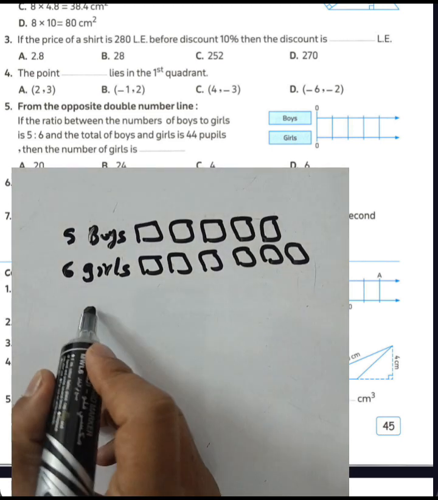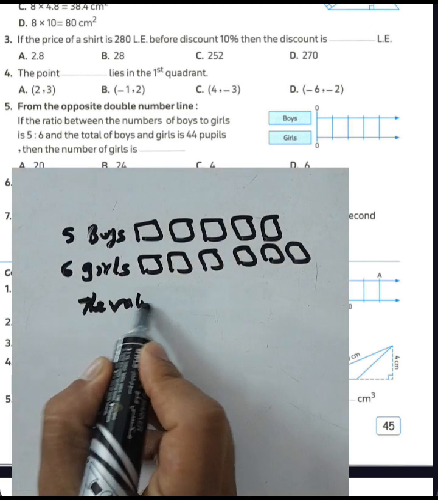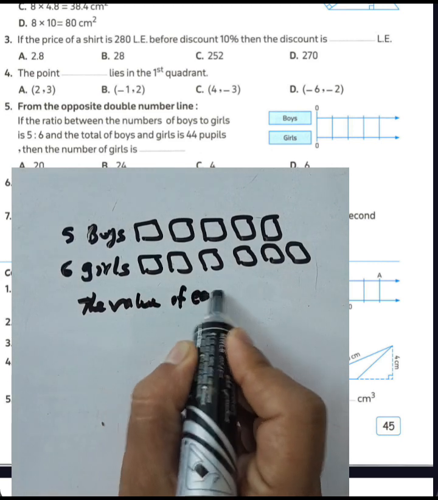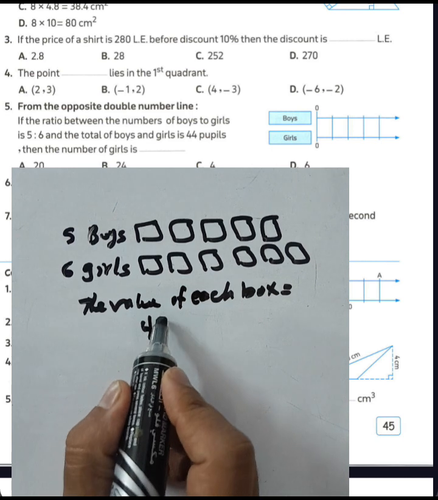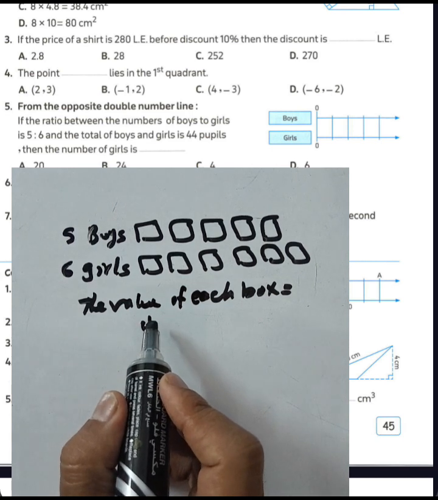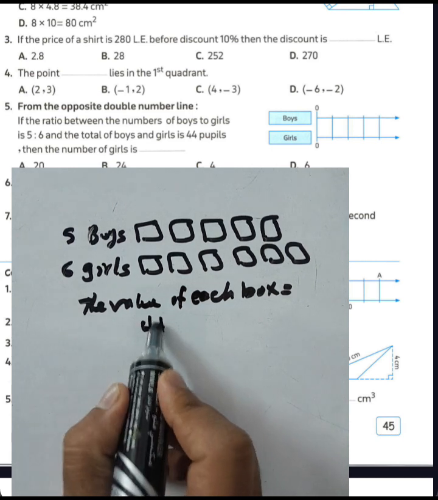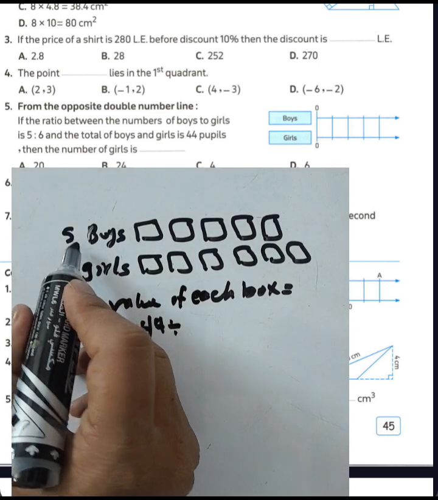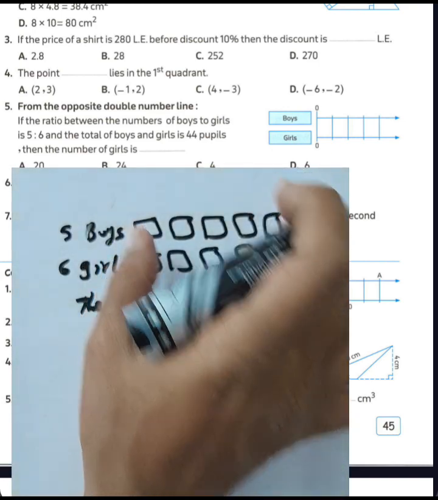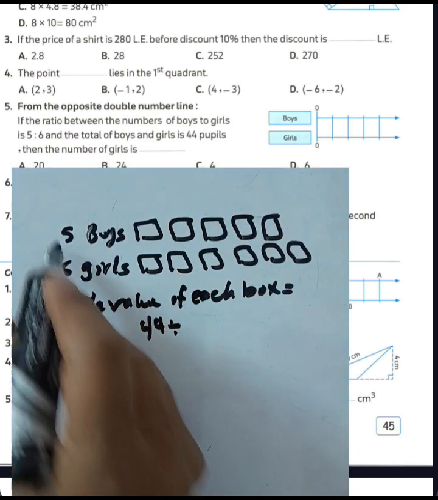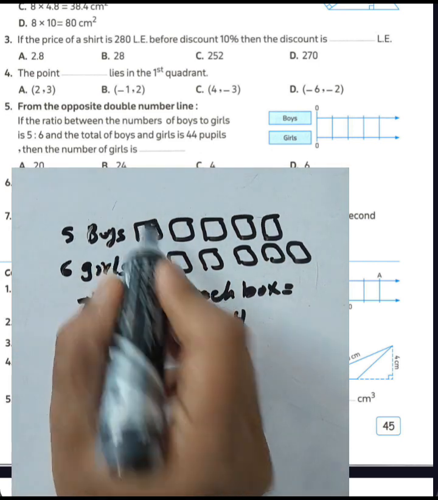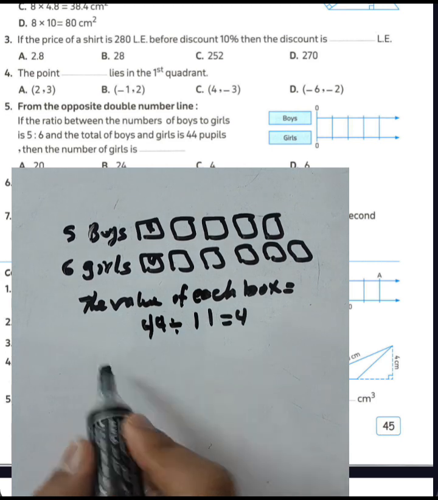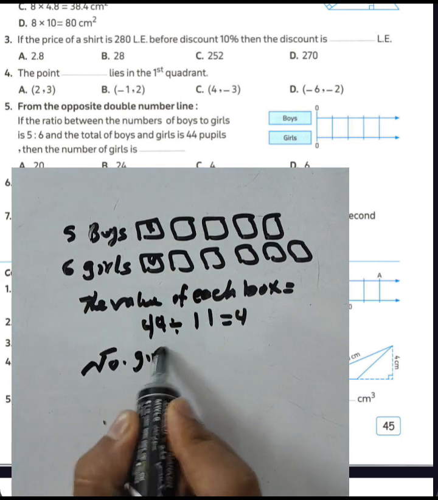We can find the value of each box. The sum of them was 44, divided between the number of boxes of boys and girls, the ratio between them 5 and 6. Then 5 plus 6 will be 11, then the value of each box will be 4.